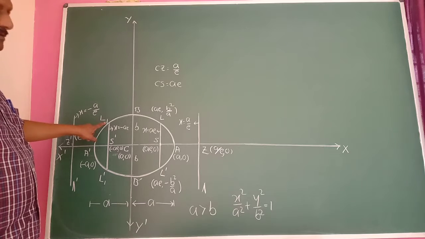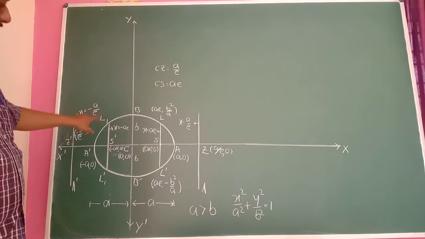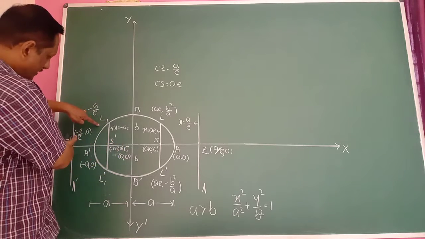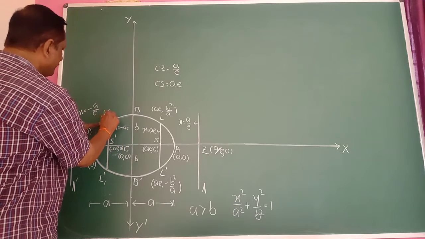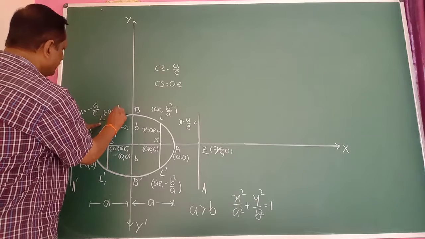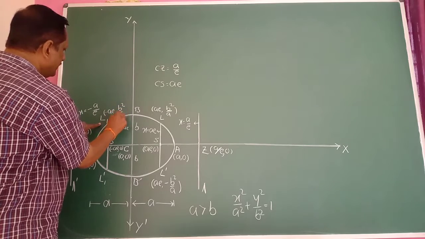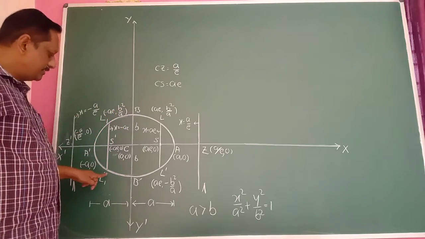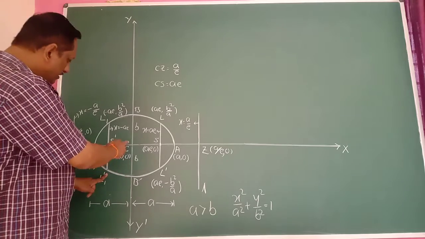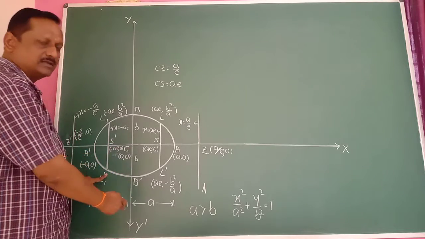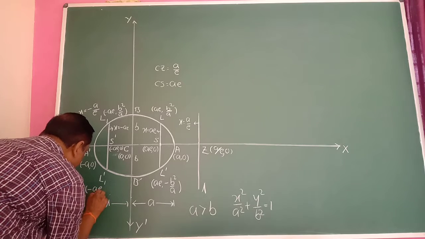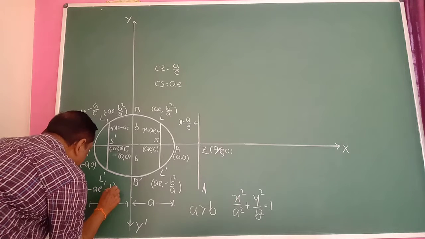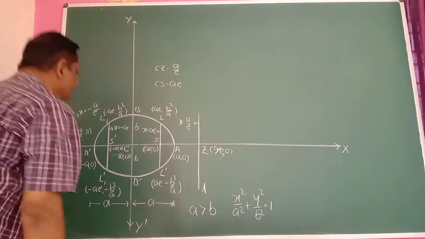This is in the second quadrant, x negative, y positive, so its coordinate is (minus ae, b square by a). This is the third quadrant, x negative, y also negative, so its coordinate is (minus ae, minus b square by a).